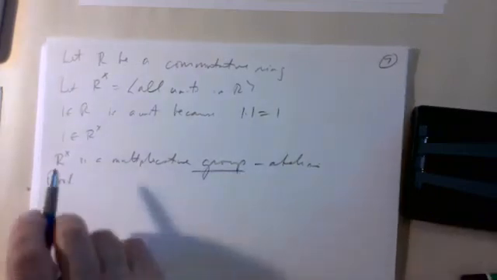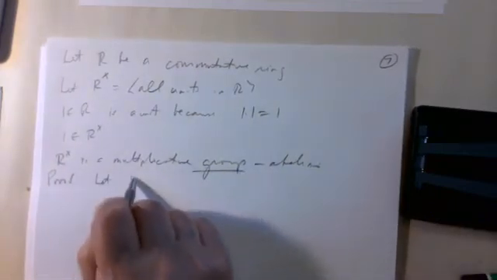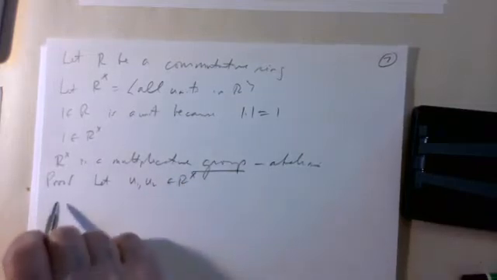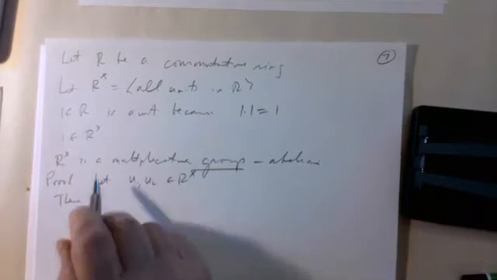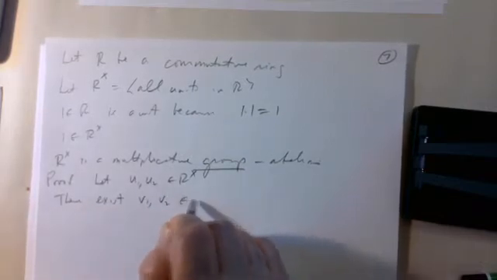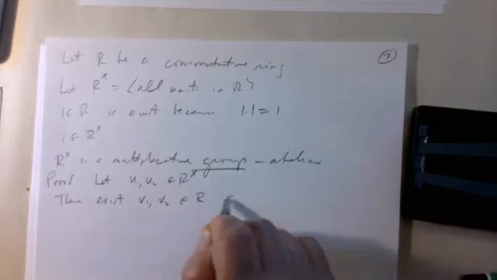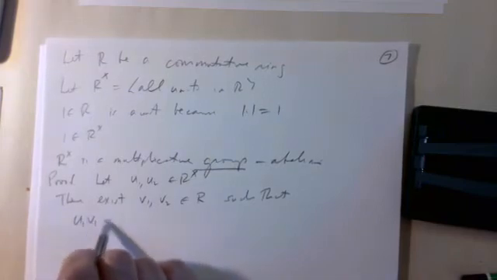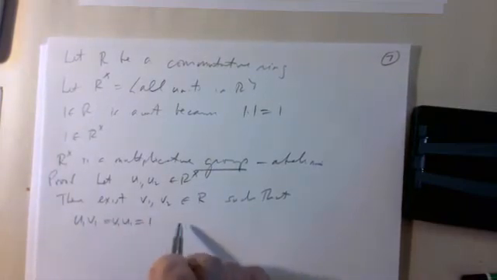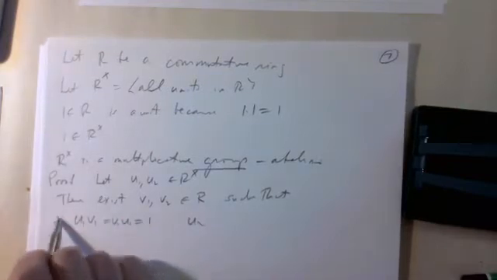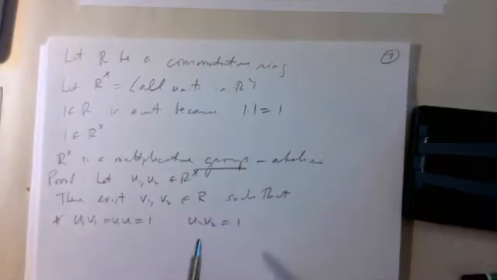So how do we know it's a group? So suppose U1 and U2 are units. Then they have inverses. So there exist elements V1 and V2 in the ring such that U1 V1 and V1 U1 equals 1, and U2 V2 equals 1.